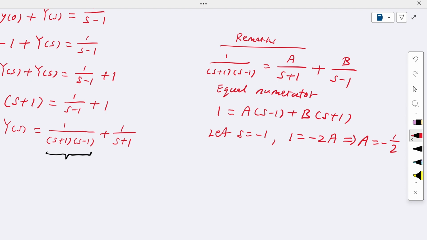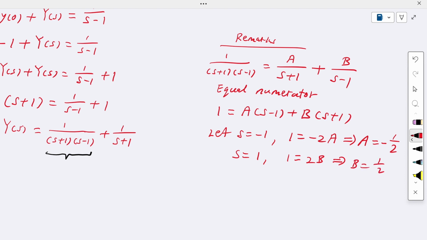Now we let x equal to 1. So we substitute into here. We have 1 on the left. The a term is 0. So you have 2b. So in this case, you have b equal to 1 over 2.